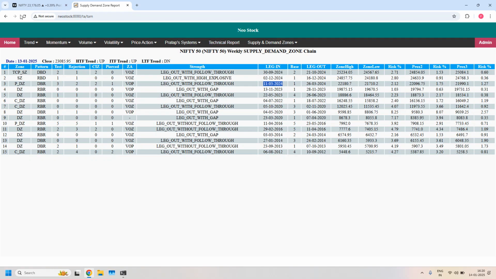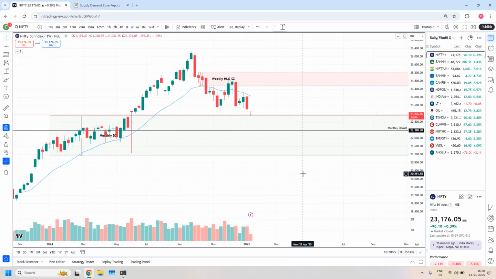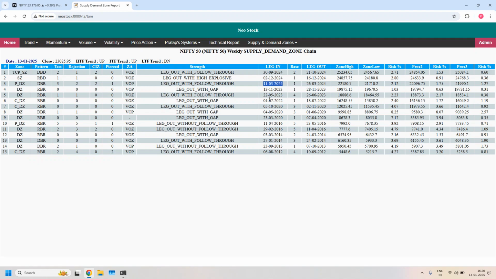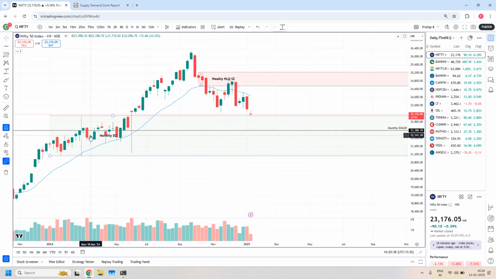So 11/3/2024, when is it? Sorry, pierced demand zone, not supply zone. Pierced demand zone, 11 March. So this is the one.